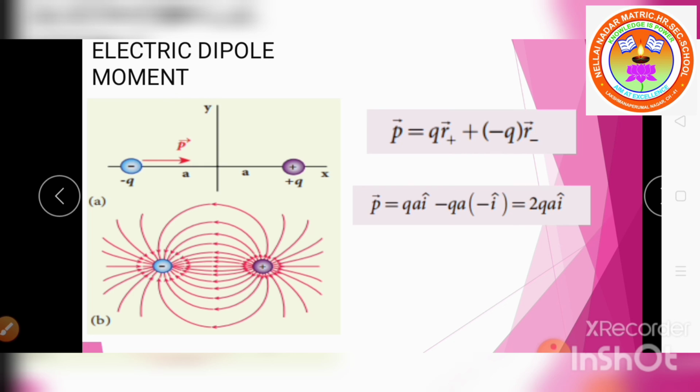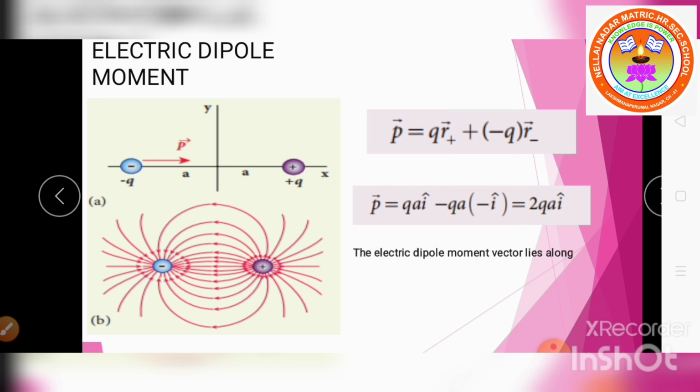Understand, children? We considered two equal and opposite charges separated by a distance 2a, and from this we derive P vector is equal to 2 Q a i cap. It is a very important formula.